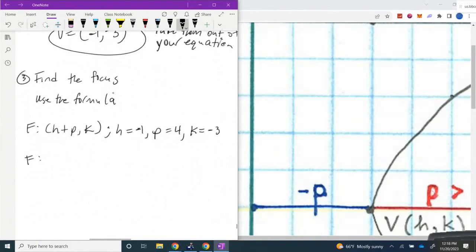So the focus is going to be at the coordinates -1 plus 4, comma, -3.